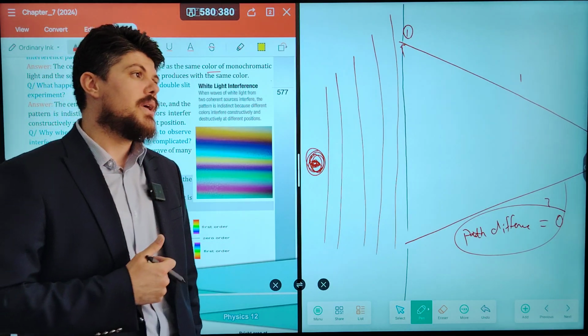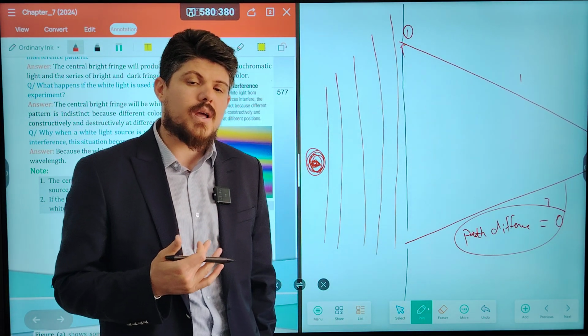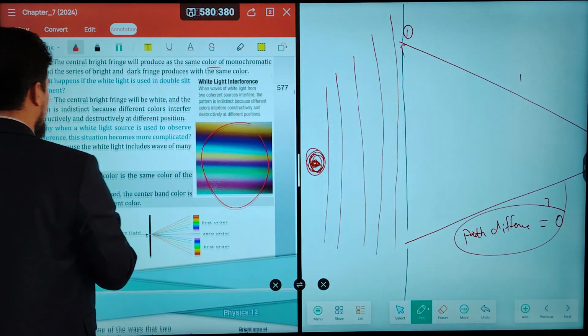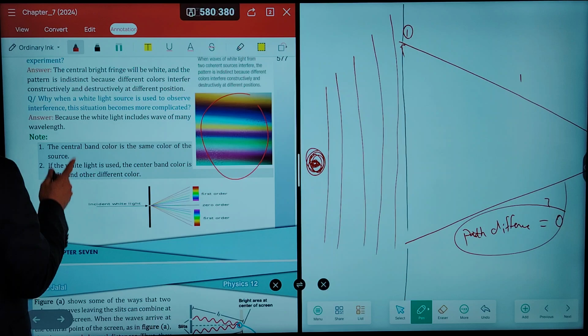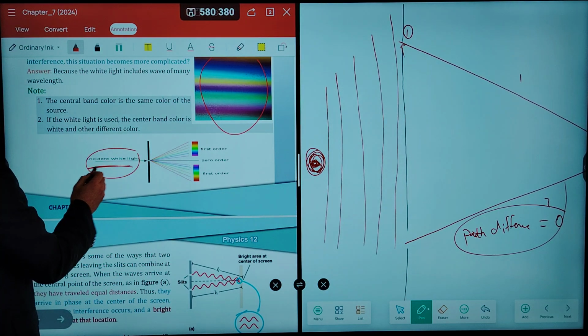Okay, so the bright fringe will be blurred. The multicolors, the rainbow, forms, as you can see in this figure. But the center is still white. Yes, guys. In this case, we have white light.